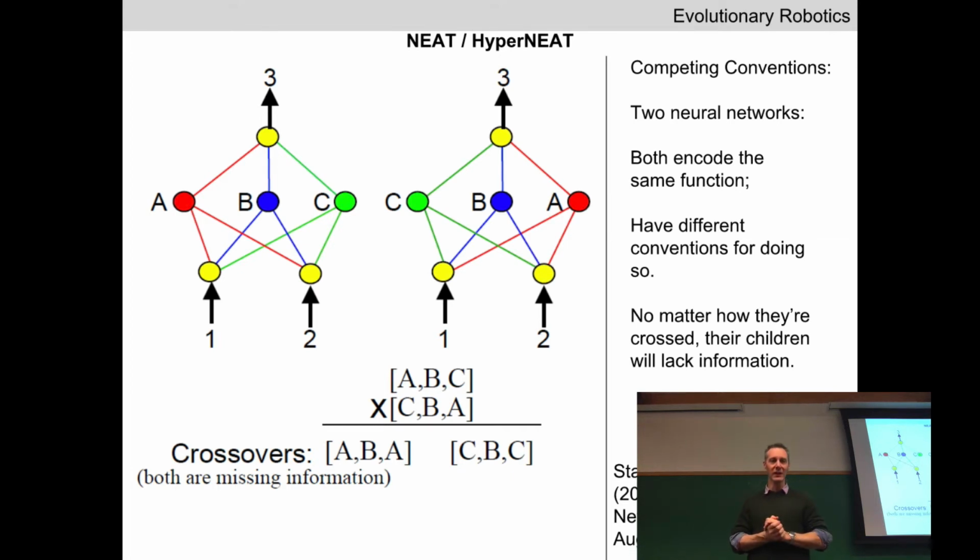Okay. So let's take these two networks, and we're going to cut the left one here. So we're going to divide AB from C in network 1. And we're going to cut the second parent in the same place.